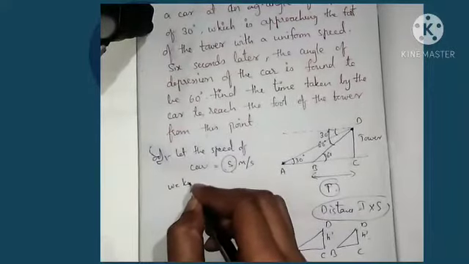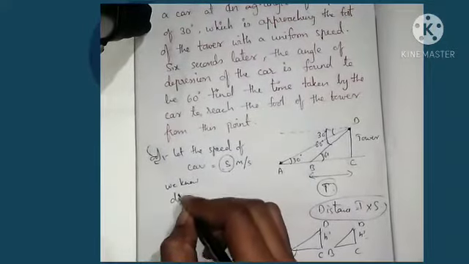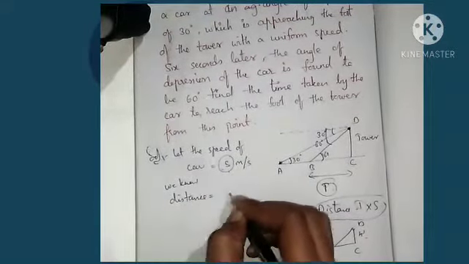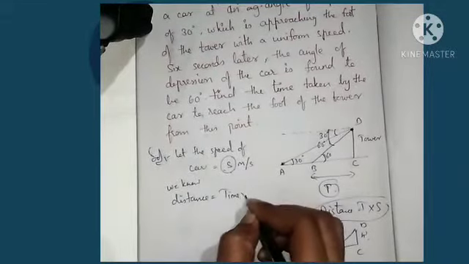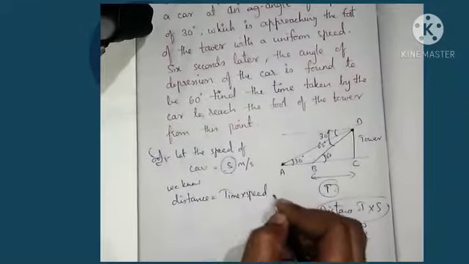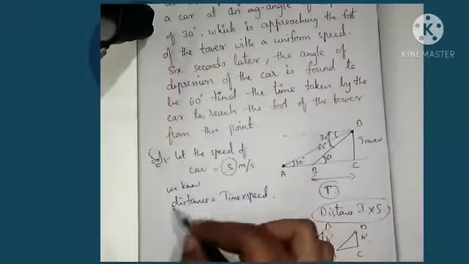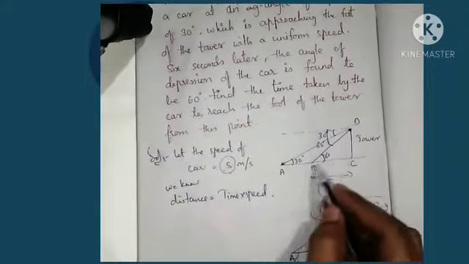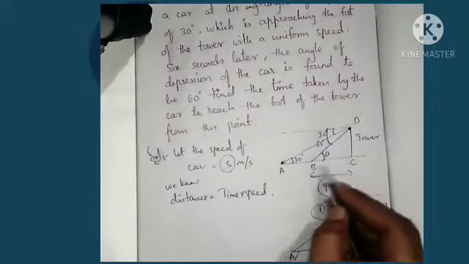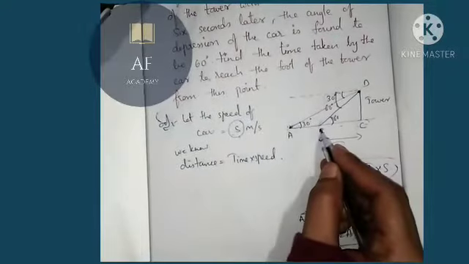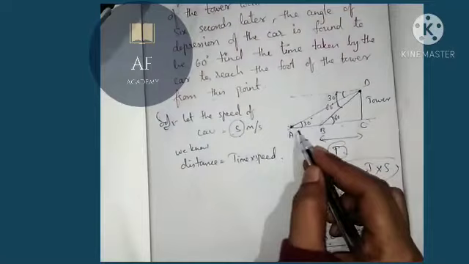We know the distance formula, time into speed. So to find time we need to find the distance first. So how will we find BC distance? We will find this first: from here till here, the time taken is 6 seconds.